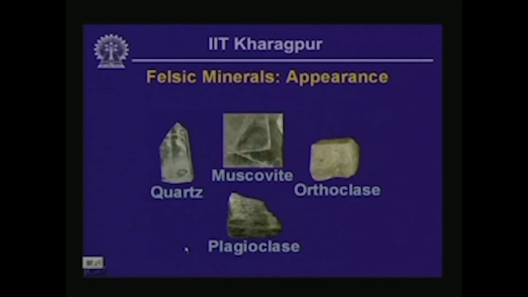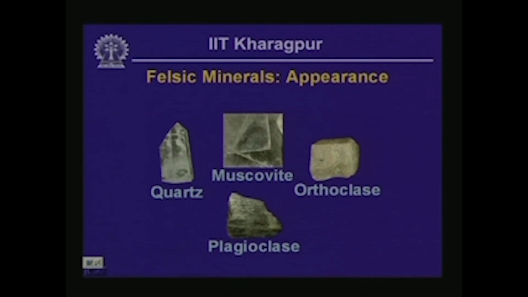Okay. Now, these are a few pictures of felsic minerals, how they appear really. So, quartz has got a trigonal crystal, as I indicated earlier, and muscovite is on the top center. Muscovite is essentially a mica. It has got a sheet like structure. Then orthoclase feldspar has got a structure that is shown on the right there.